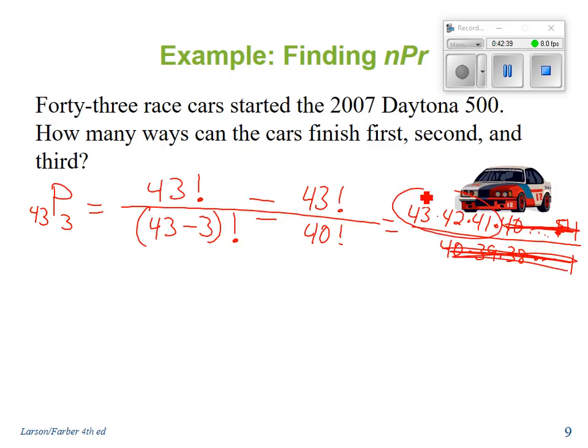So all I'm really doing for the permutations is 43 times 42 times 41. About half the time I don't even use the permutations button on the calculator, because it annoys me that I always forget to put in the number first. So I just do 43 times 42 times 41 and get 74,046. That's how many different ways the drivers could finish first, second, third in that Daytona 500.